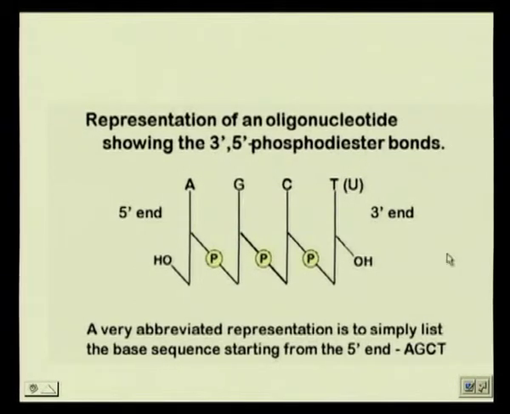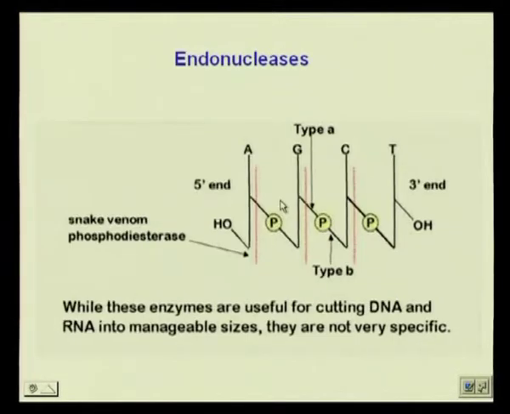Right? So, when you are cleaving, this is the 3' end, you have to remember. This is the 3' end of G. What is this? Of C, right. So, if we now look at the cleavages, what do we have here?